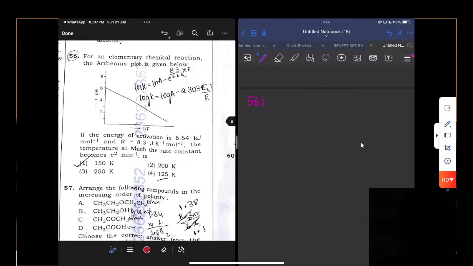Yeah, let's continue solving the questions. Next is question number 56. In question number 56, what is given for an elementary reaction?